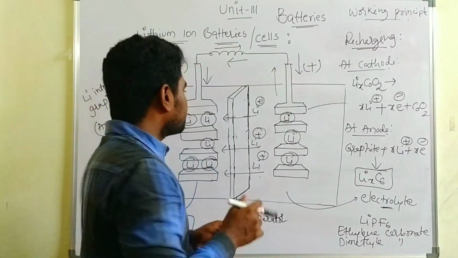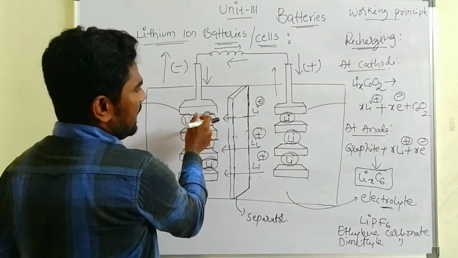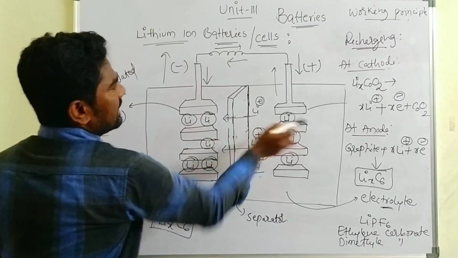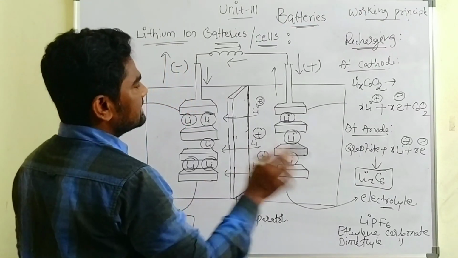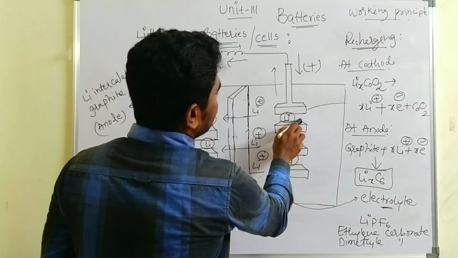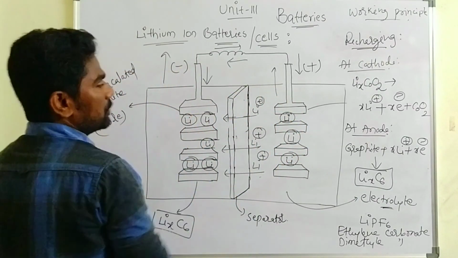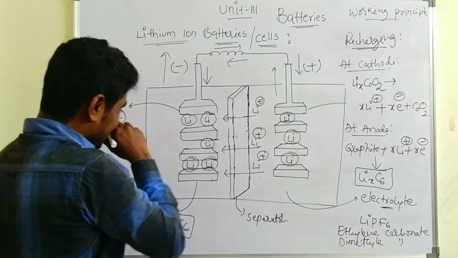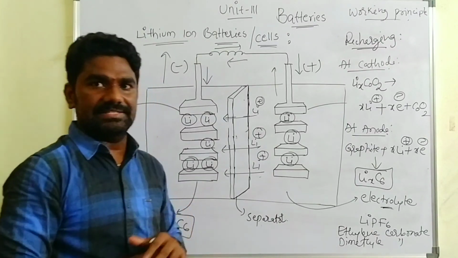So in the discharging mode, the intercalated lithium ions move towards the cathode. In the recharging mode, again these lithium ions move towards the anode. This is the mechanism behind lithium ion battery cells.